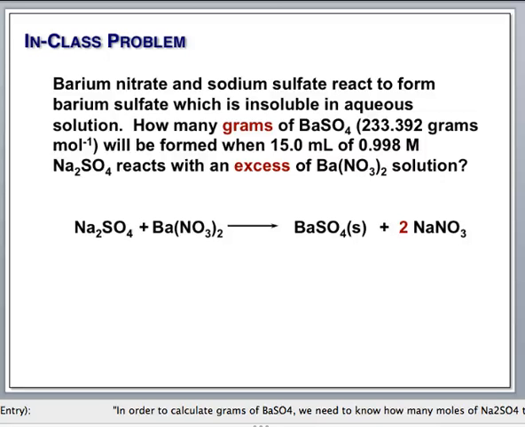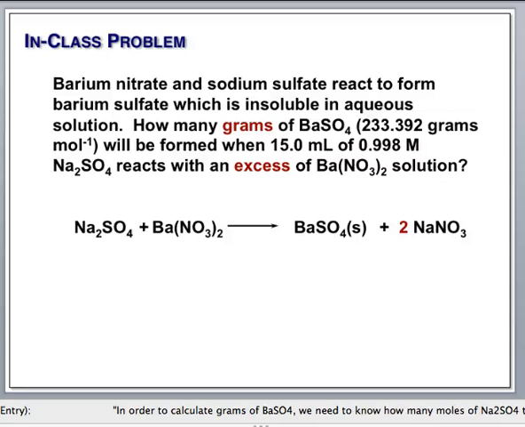So here we have excess barium nitrate. So we have all of this we need. What we're doing is simply taking just about 1 molar stuff here, 15 mils of it, and we're going to make solid barium sulfate.